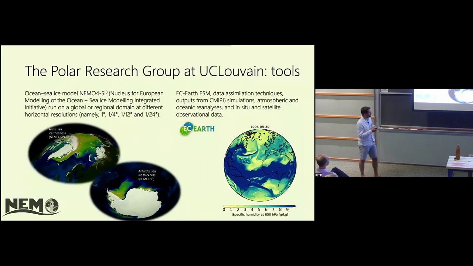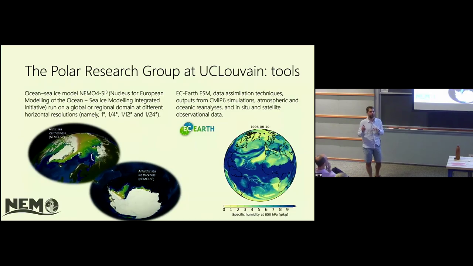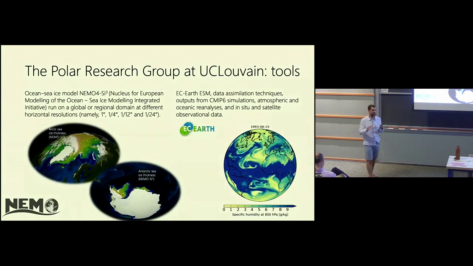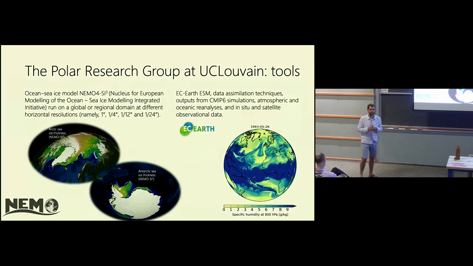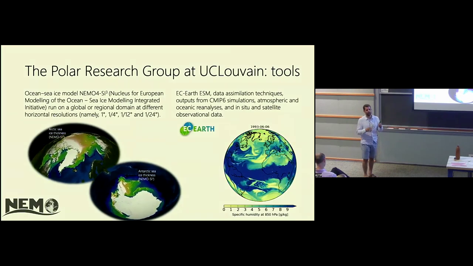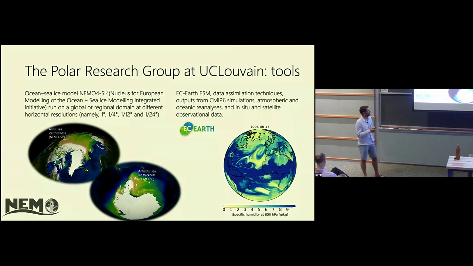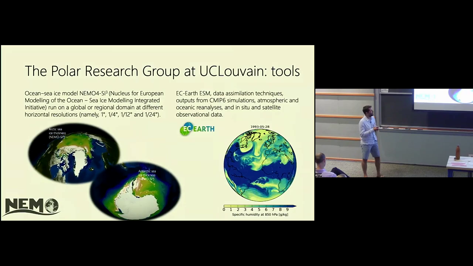In terms of tools, we are mostly using an ocean sea ice model called NEMO, coupled to the SI3 (Sea Ice Cube) model. SI3 is now the European sea ice model that has resulted from the fusion of 3 European models, and we are using it now on a daily basis.